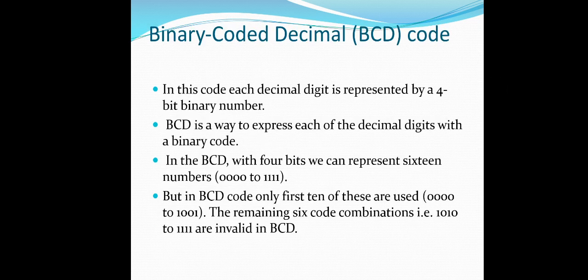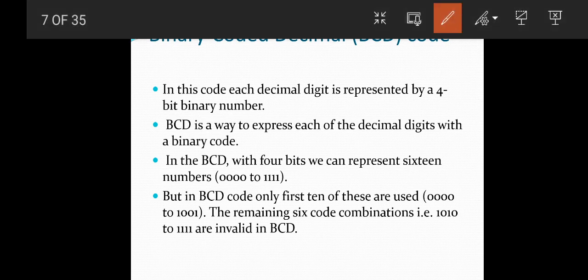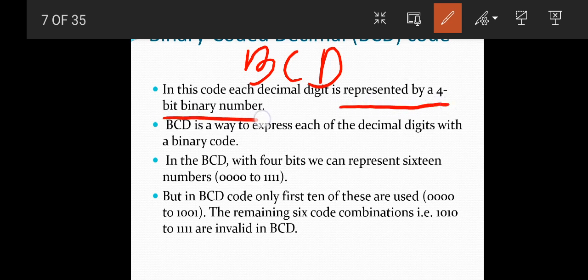In this code, each decimal digit is represented by a 4-bit binary number. So again, the BCD code, or binary coded decimal code, is represented by a 4-bit binary number. When you say 4-bit, it goes from 0000 up to 1111.